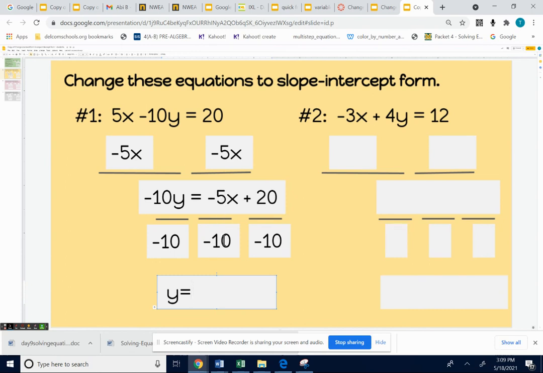And then I look at the 5 and the 10 and notice that that reduces. 5/10 reduces to 1/2. So I'm going to write it as 1/2 x. And then over here, I have a positive 20 divided by a negative 10. That's going to be a negative 2. So my equation in slope-intercept form is y equals 1/2 x minus 2.